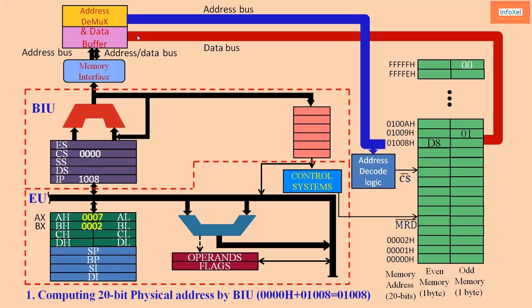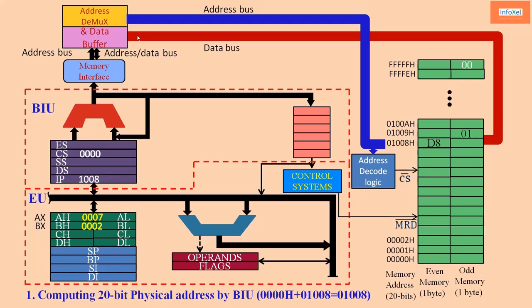MRD is memory read, and this is also logic 0. These are the connections required to connect the microprocessor IC with the memory. Remember, memory is external to the microprocessor, whereas all registers are internal to the microprocessor.